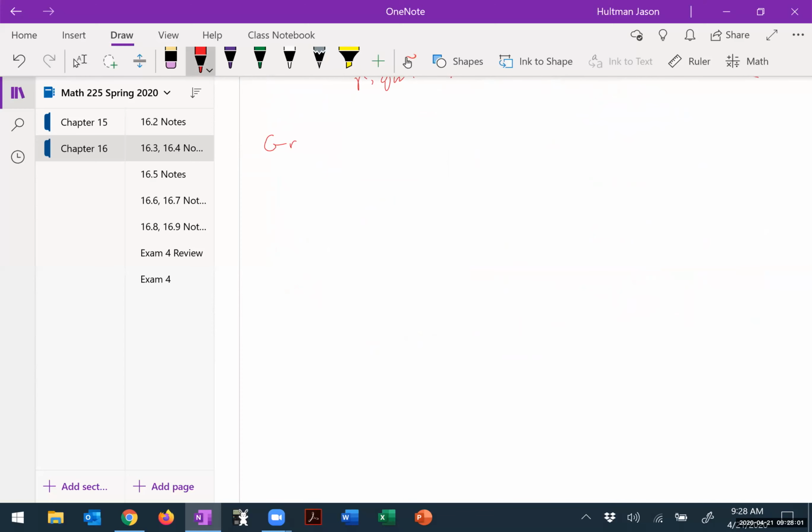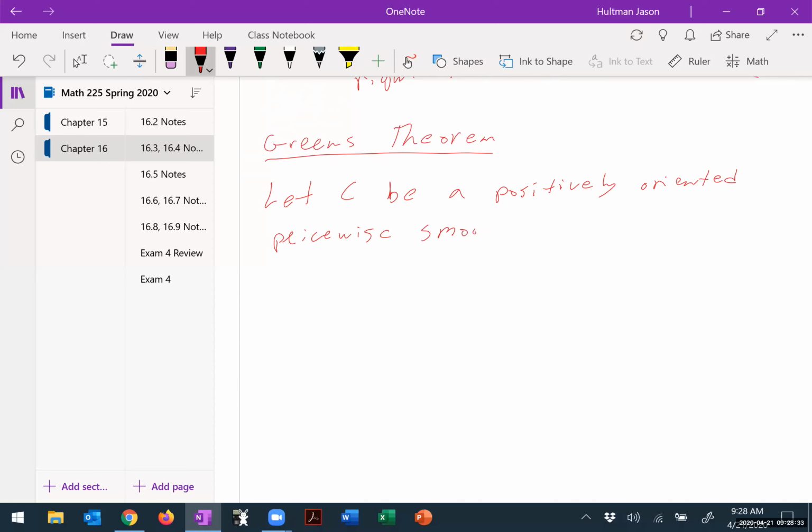Green's theorem. Let C be a positively oriented, piecewise smooth, simple, closed curve in the plane. Simple, closed curve basically says nothing weird.